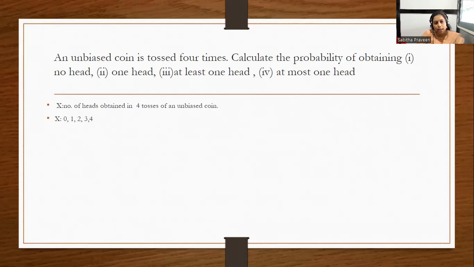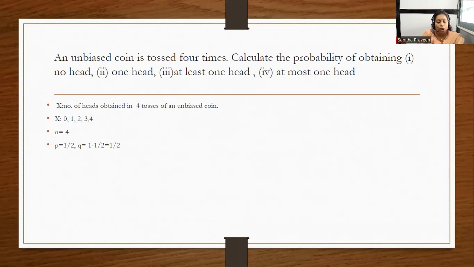So the probability of getting a head is 1 by 2, so P is 1 by 2. Therefore, Q is also equal to 1 by 2, because Q is equal to 1 minus 1 by 2, equal to 1 by 2. So now we have the values of n, p and q.